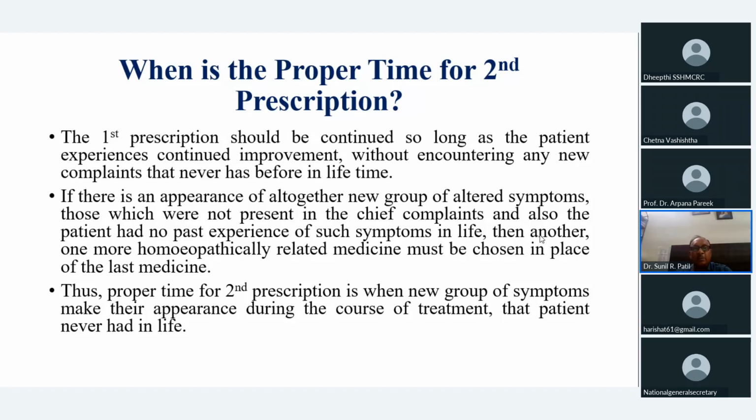Thus, the proper time for the second prescription is when a new group of symptoms appears during the course of treatment that the patient never had in life. When these new symptoms occur, that is the proper time for the second prescription.